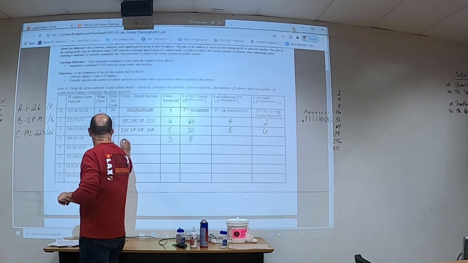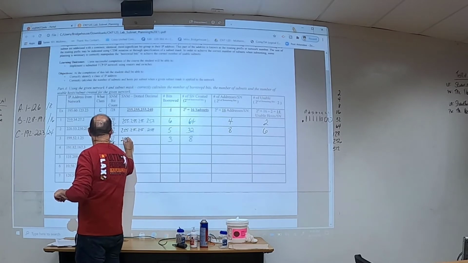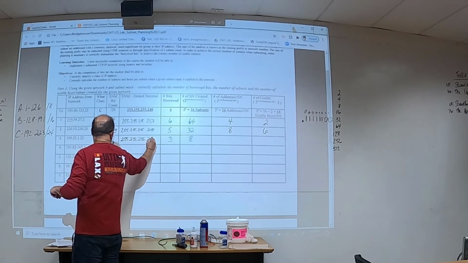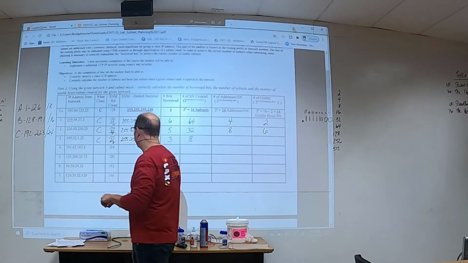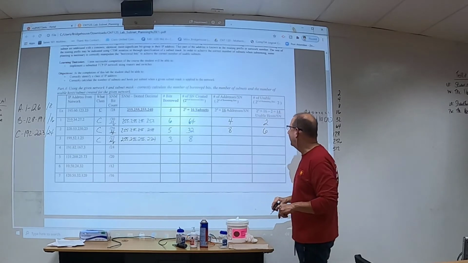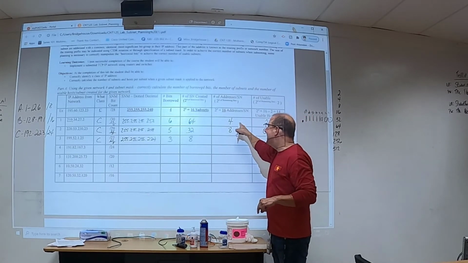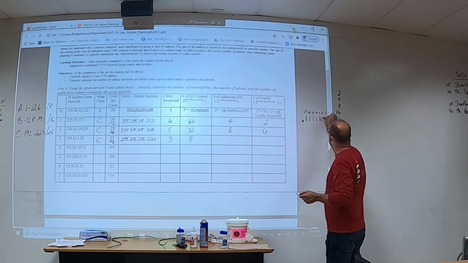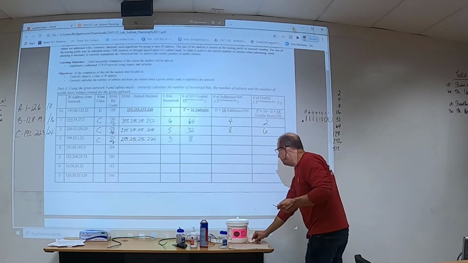That makes my new subnet mask 255.255.255.224. Everybody can see that. If I only borrowed 3, that's a mess.